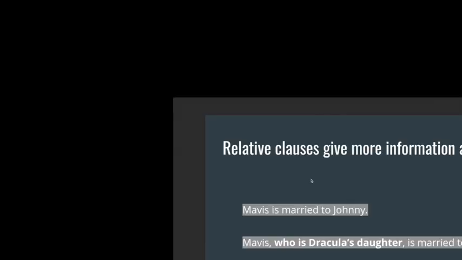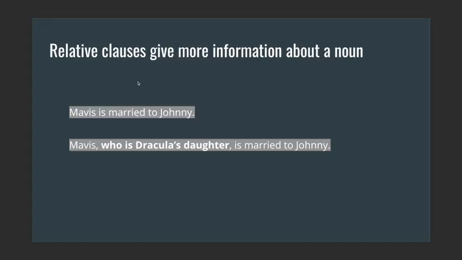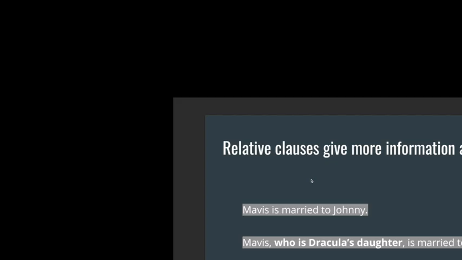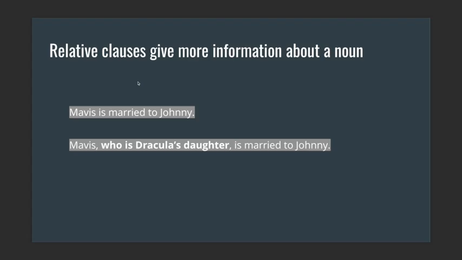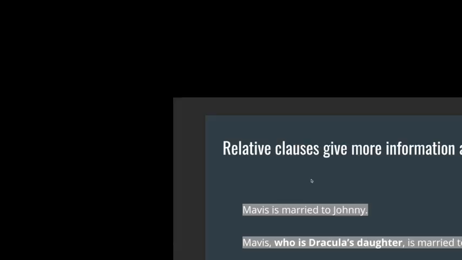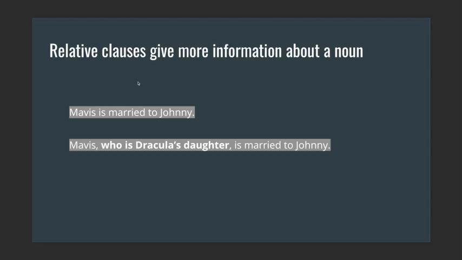We're not going to continue. We're going to put a little pause on the sentence. And here is where we're going to start the relative clause. This is the relative clause. Who is Dracula's daughter? So we have here a subject, who, the verb is, and that's it.